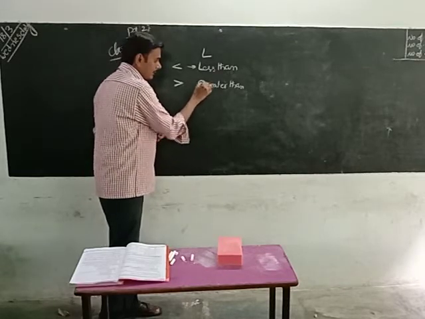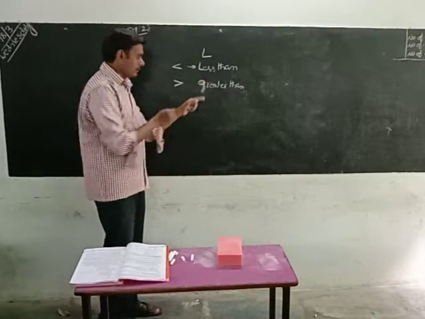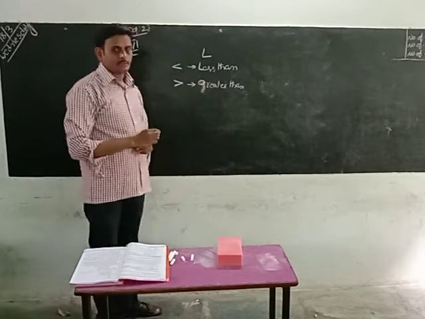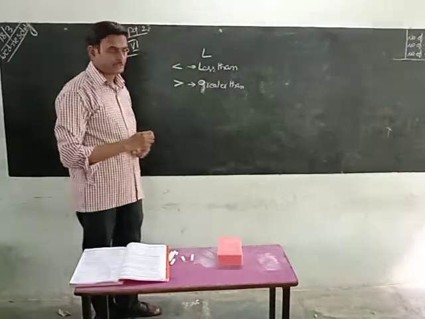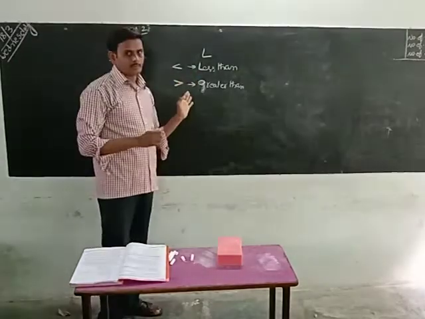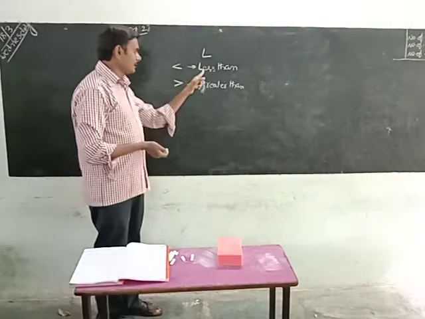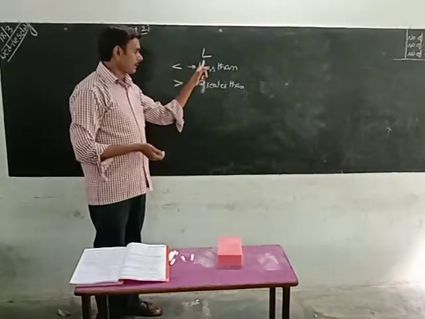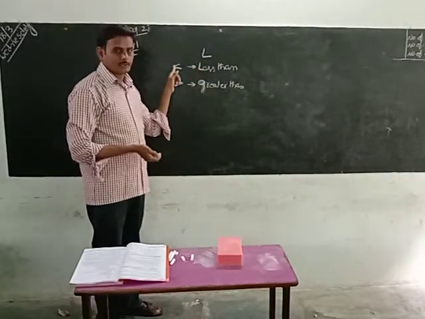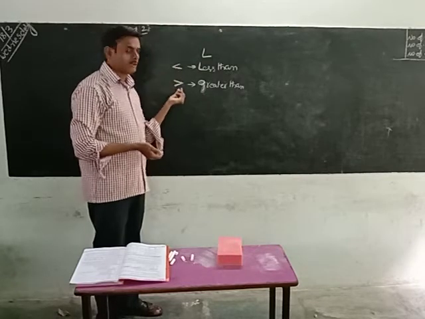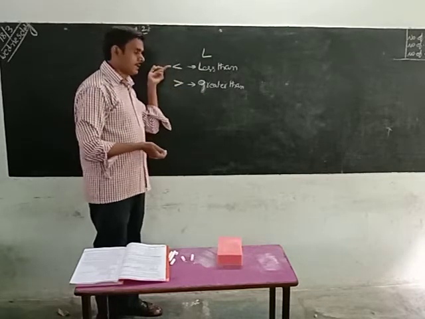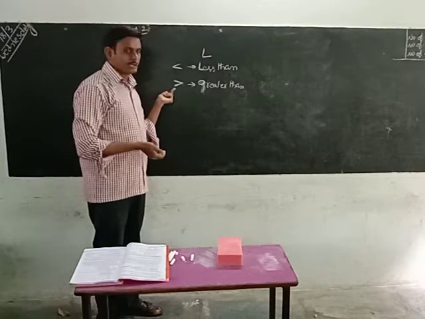So you simply have to remember. I am giving a hint for this. One symbol you have to remember, and automatically the other one you can identify. Less than is the L shape, right side open. The remaining one is the greater than. This is the less than symbol. This is the greater than symbol.